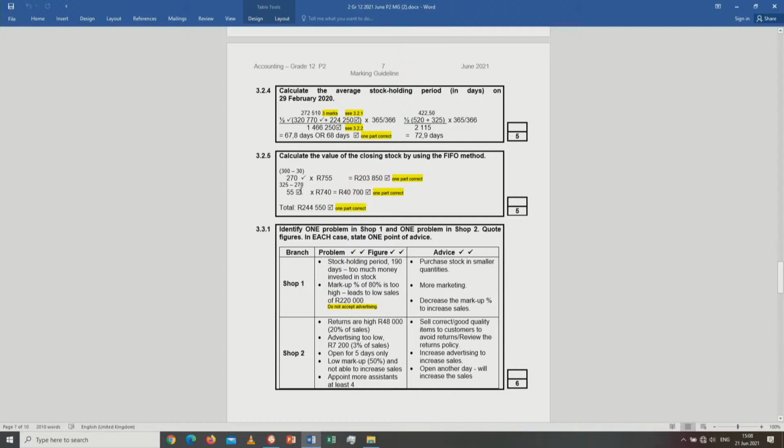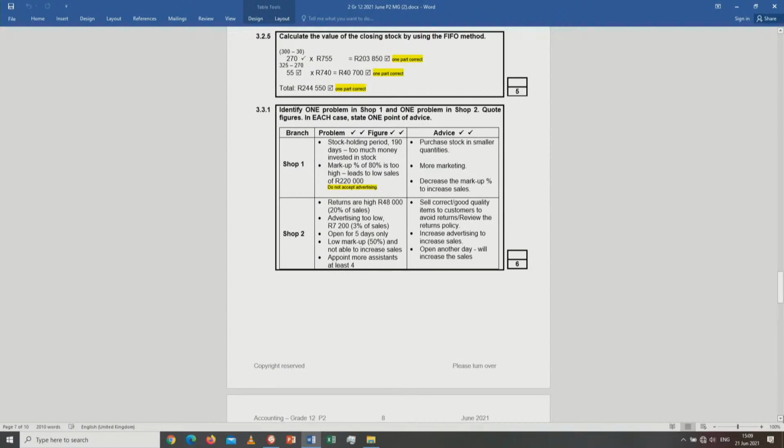So then at least you can give the learner 25 will then have a method mark, right? 740, there's no mark for the prices, and then 40,700 will then be a mark there, right? One part correct. Total 244,550 will then also be a method mark that most learners will most likely get.